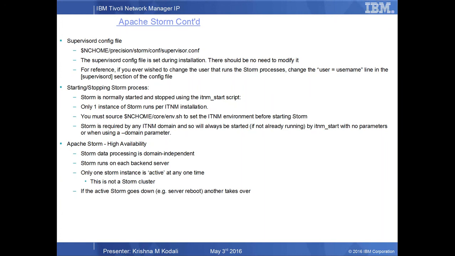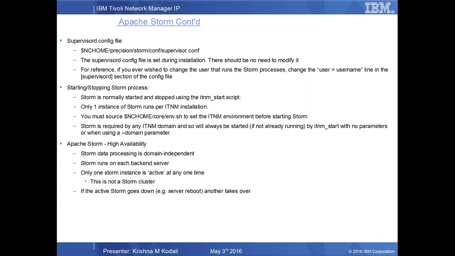And let's say you have a multi-domain, multi-host, or there are a couple of scenarios. A single host with multi-domain, you will only have one Storm running on that instance. So if the Storm goes down, you need to address that failure, why it has gone down.